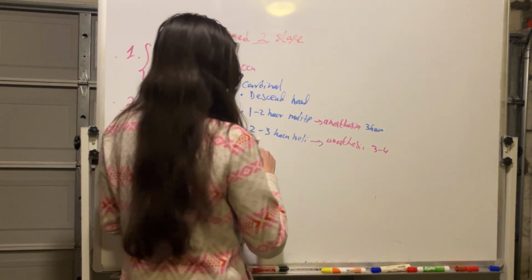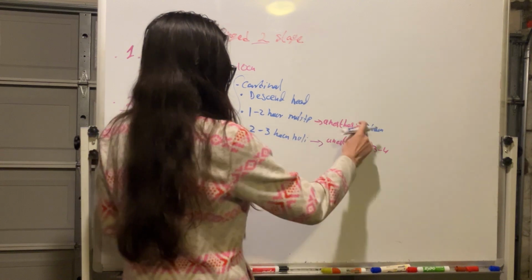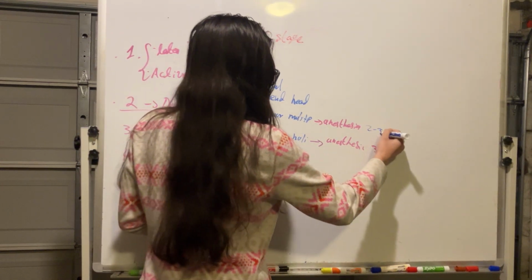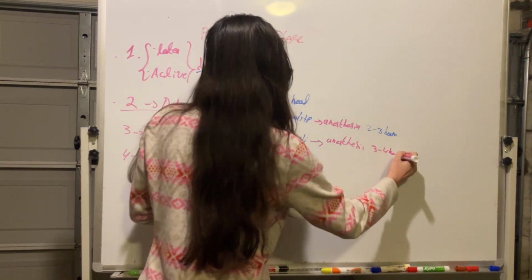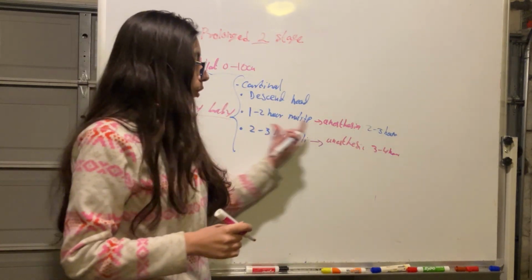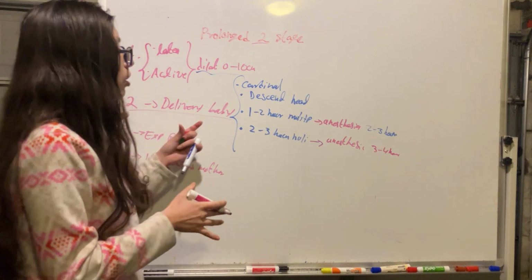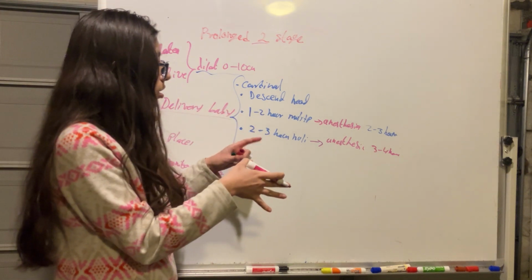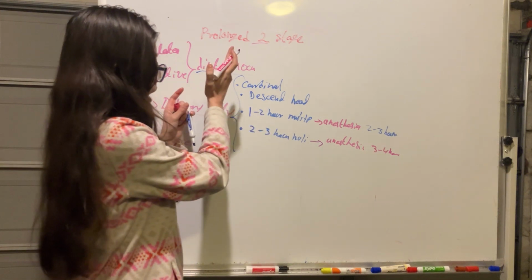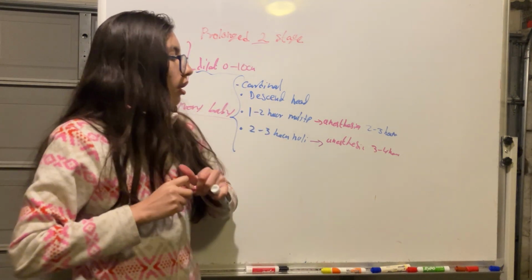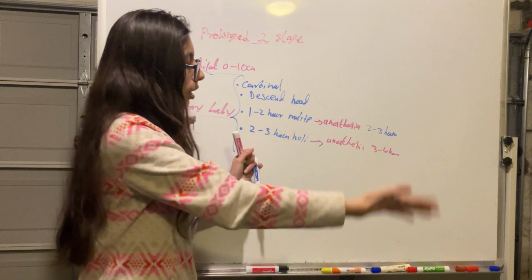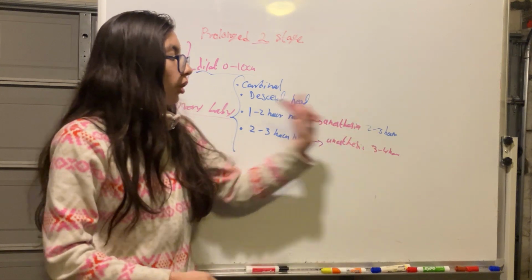3 or 4 hours. This is 2 or 3 hours. So this is the normal duration that it will take a woman to deliver the baby. So starting when the cervix is already dilated 10 centimeters all the way to the delivery of the baby, this is the normal duration.